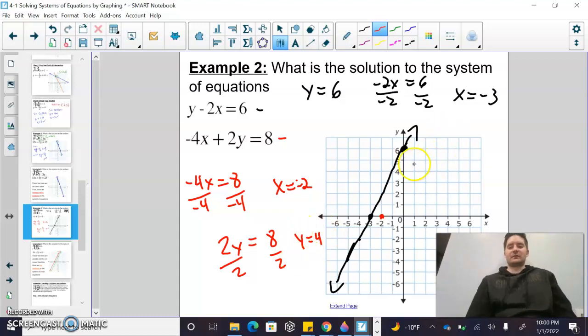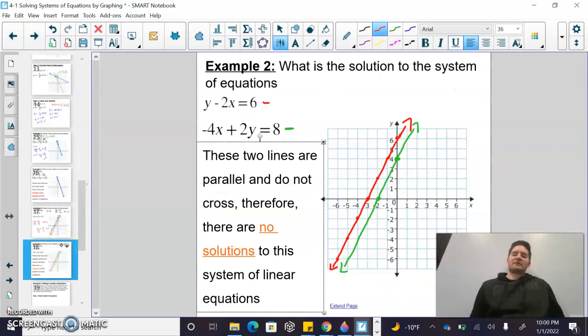That was an x, but that's supposed to be a y. So we're going to find the y coordinate, and now we're just going to graph our line here. And again, you're going to find something fairly interesting going on here, and we're going to see it on the next slide.